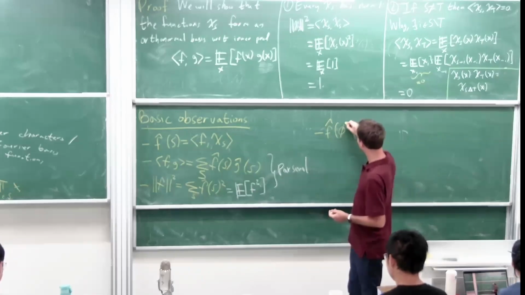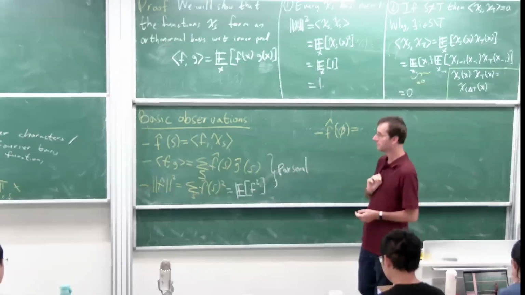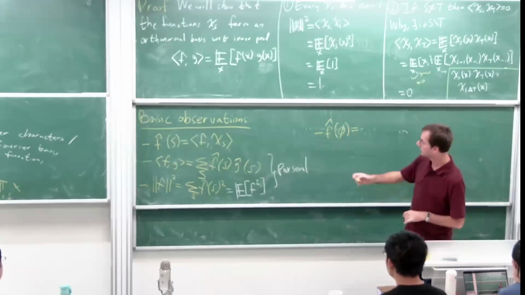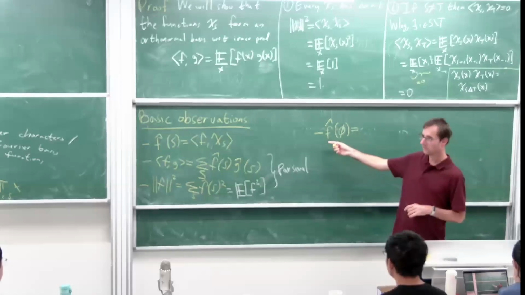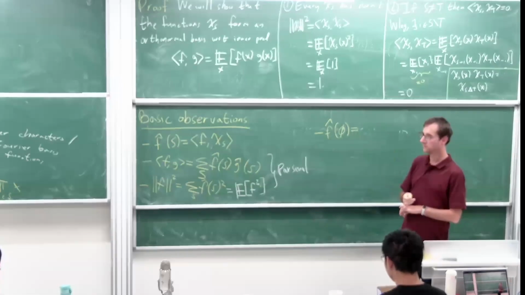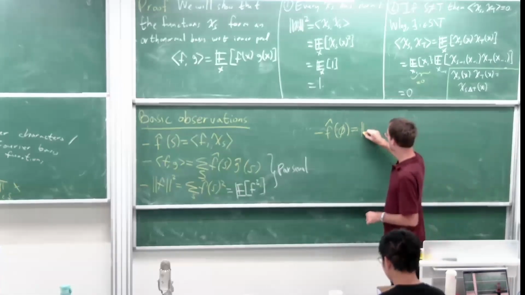What's the value? One. Okay, it's not always 1. Let's take f to be the 0 function, then this will be 0. So it can't always be 1. It's the expectation of f. And why is it the expectation of f?